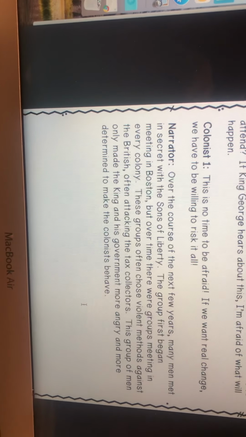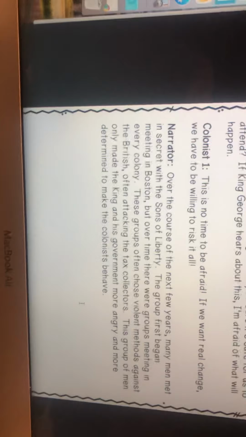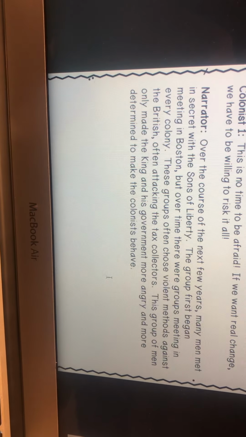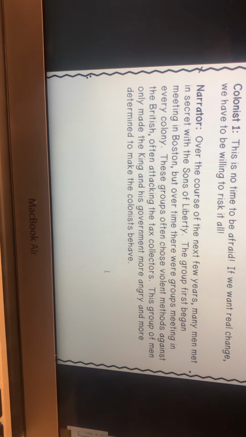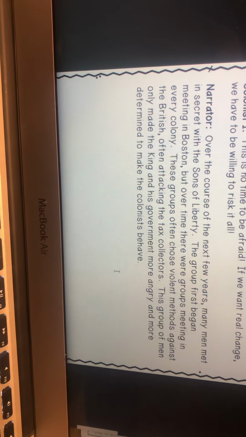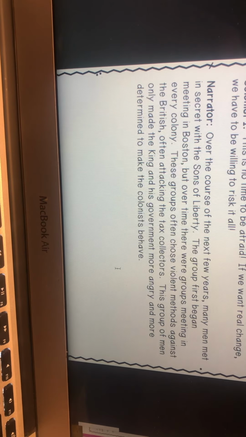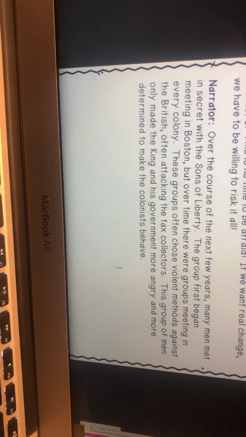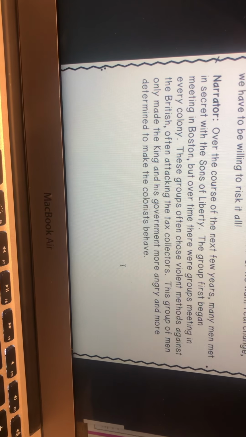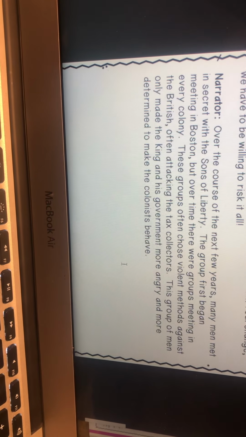"Over the course of the next few years, many men met in secret with the Sons of Liberty. The group first began meeting in Boston, but over time there were groups meeting in every colony. These groups often chose violent methods against the British, often attacking the tax collectors. These groups only made the king and government more angry and more determined to make the colonists behave."